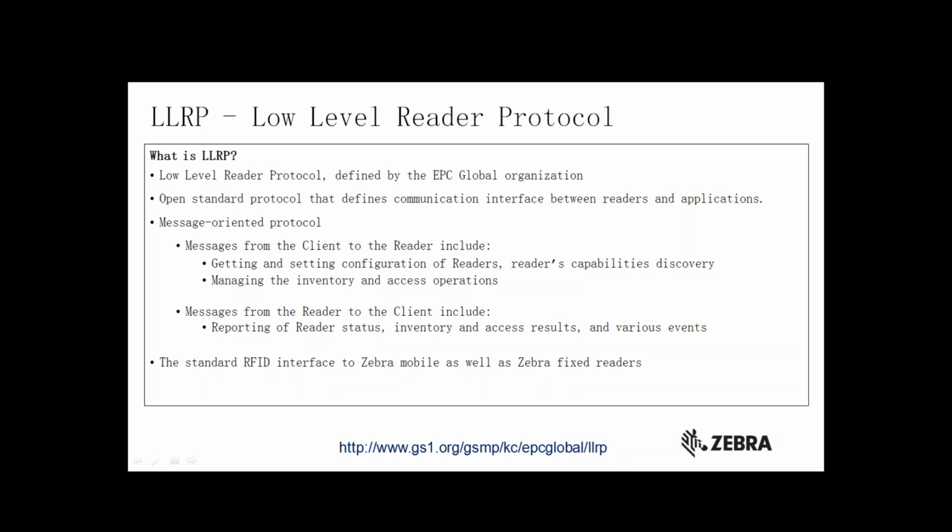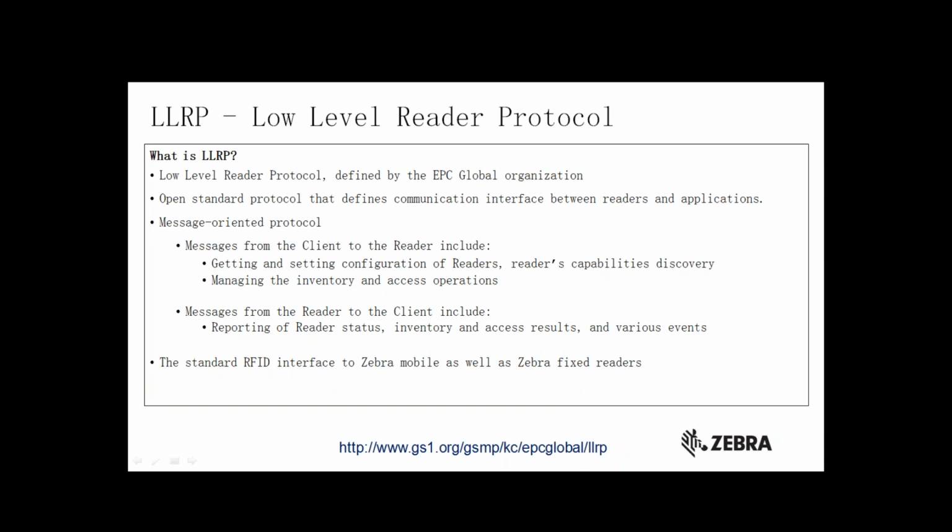Basically, a message goes from the client to the reader about any of the configurations, about how it should be reading the tag and such, and then a message goes back from the reader to the client, which talks about how the reader is, any of the data it picked up, and all of that good stuff, right? Any of the Zebra devices, be it the mobile or fixed reader, are based on the LLRP protocol, right?